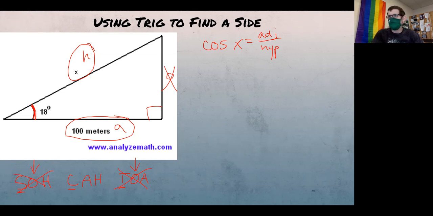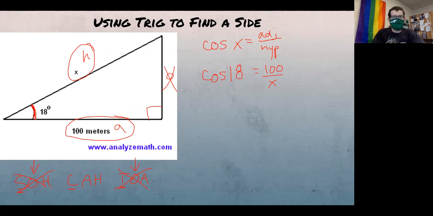Now what we can do is substitute in the values that we have. Cosine of 18 equals the adjacent side, 100, over x, which is what we're solving for. That's my hypotenuse. Now this is an equation. We can solve it.